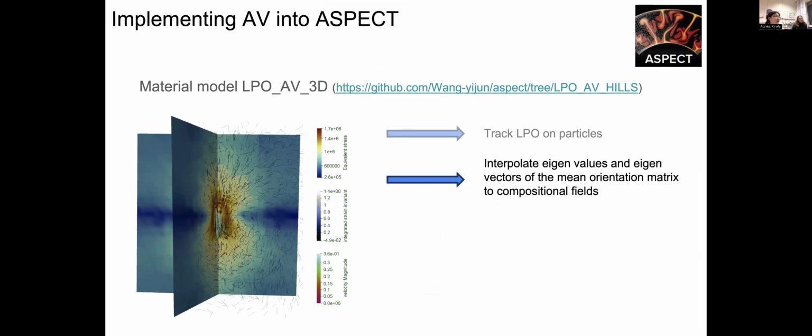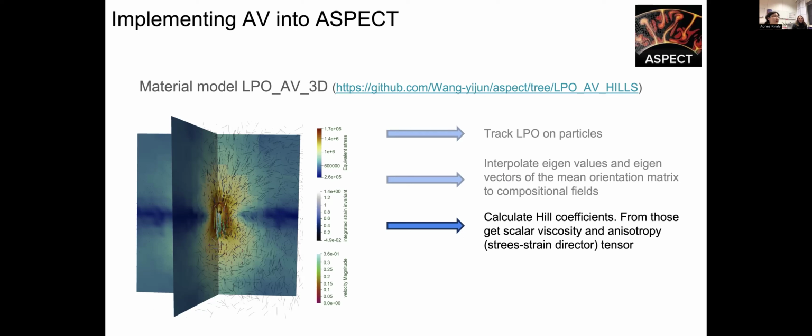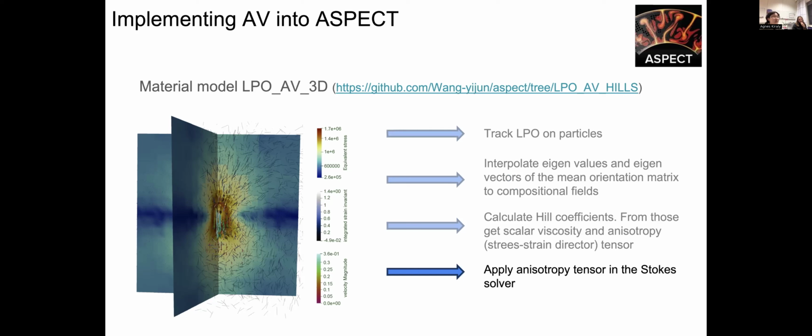We interpolate the eigenvalues and eigenvectors, which are just texture parameters that describe the mean orientation matrix, to the compositional fields. And we also calculate the Hill's coefficients mentioned before. From those Hill's coefficients, we're able to get a scalar viscosity and also an anisotropic tensor, which we call the stress strain director in ASPECT. And in the end, we apply the anisotropic tensor in the Stokes solver.